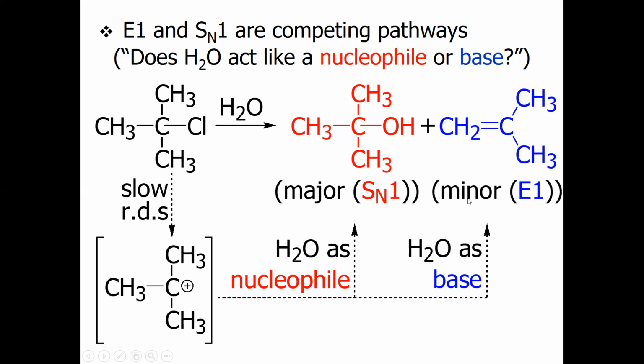And you have a small percentage of the corresponding alkene if water is acting as a base. Definitely, once you treat tertiary butyl chloride with water as a base or as a nucleophile, you have a mixture of products. In this case, you have a high yield of substituted product, which is formed by means of the SN1 reaction, and you have a lower yield of alkene.